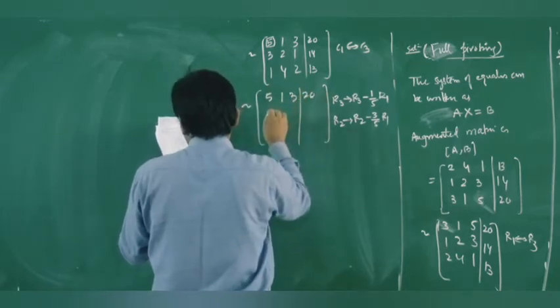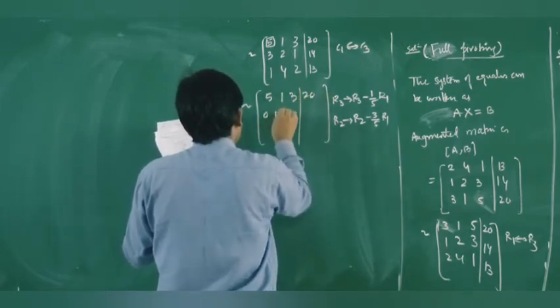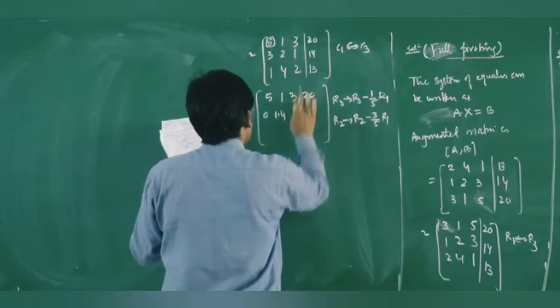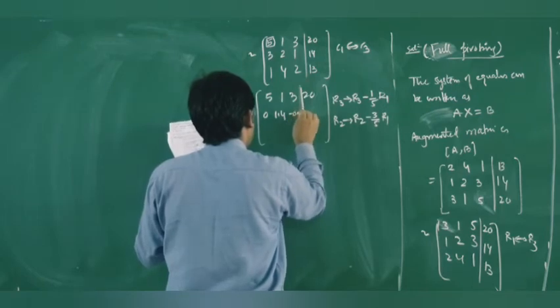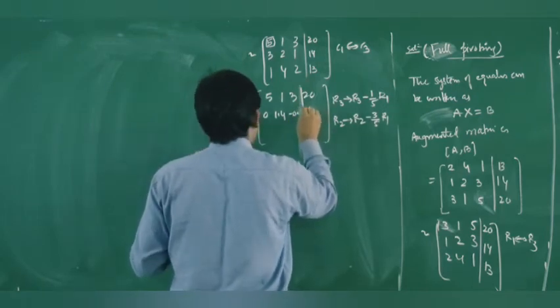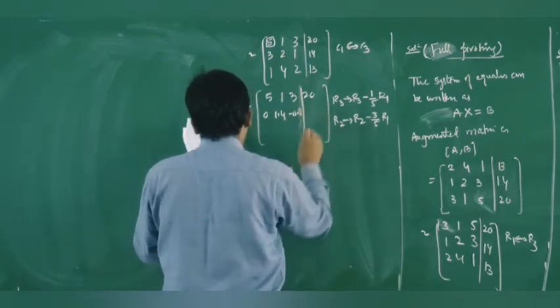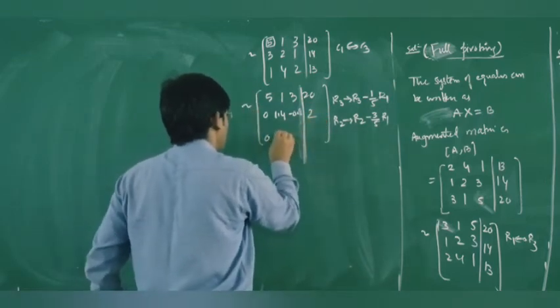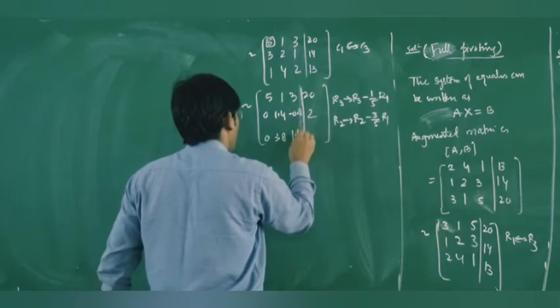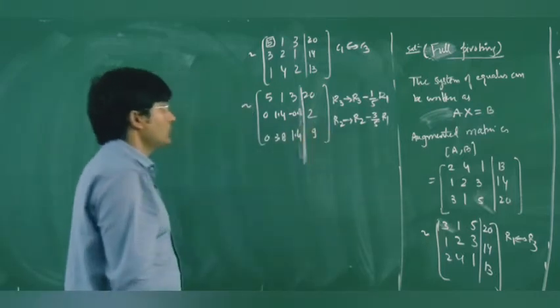Here we will have 0, then 1.4, then minus 0.8, and here we will have the value 2. Here we have 0, then 3.8, then 1.4, and then 9.